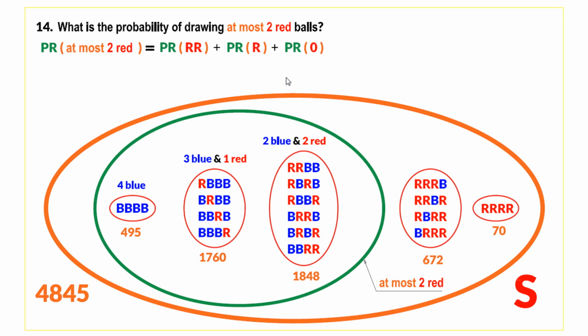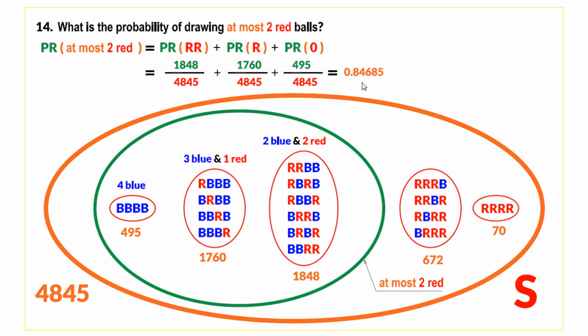So the probability is picking either 2 red, 1 red or 0 red, and that is equal to the sum of these individual events. So the first event, 1848 divided by the total number of elements in the sample space, plus 1760 over the total number, plus 495 over the total number, and that is equal to 0.84.